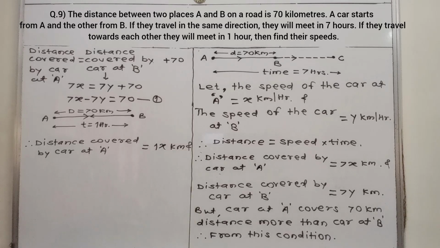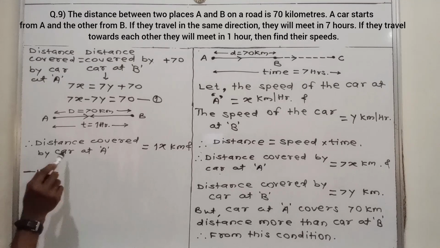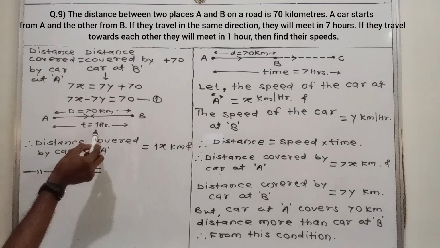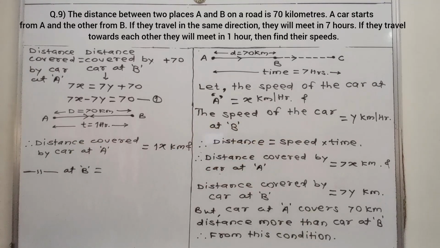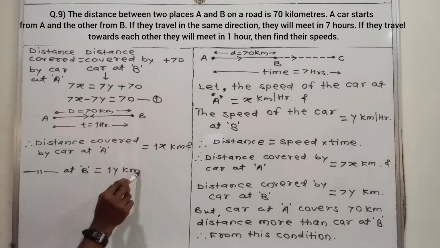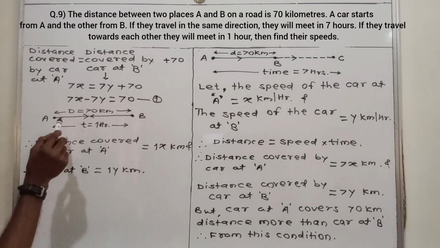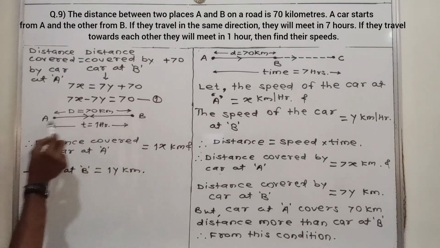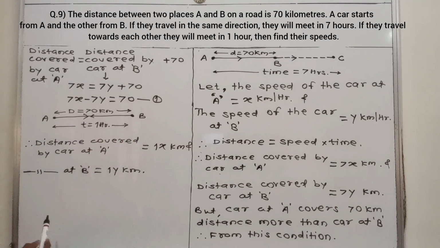Very good. And ditto, distance covered by car at B, time into speed, 1y. Very good. 1y kilometer. Now both the cars covered total distance, how much? 70 kilometer.